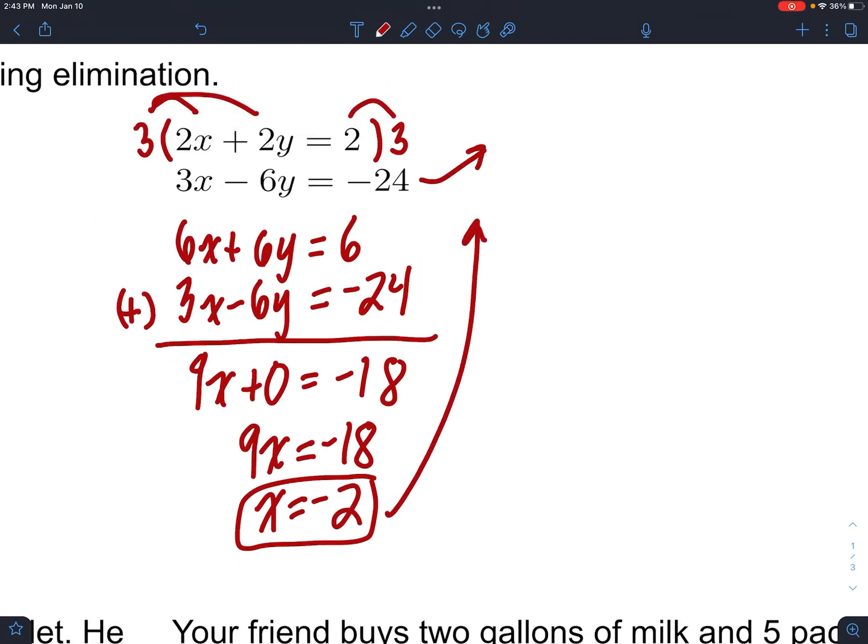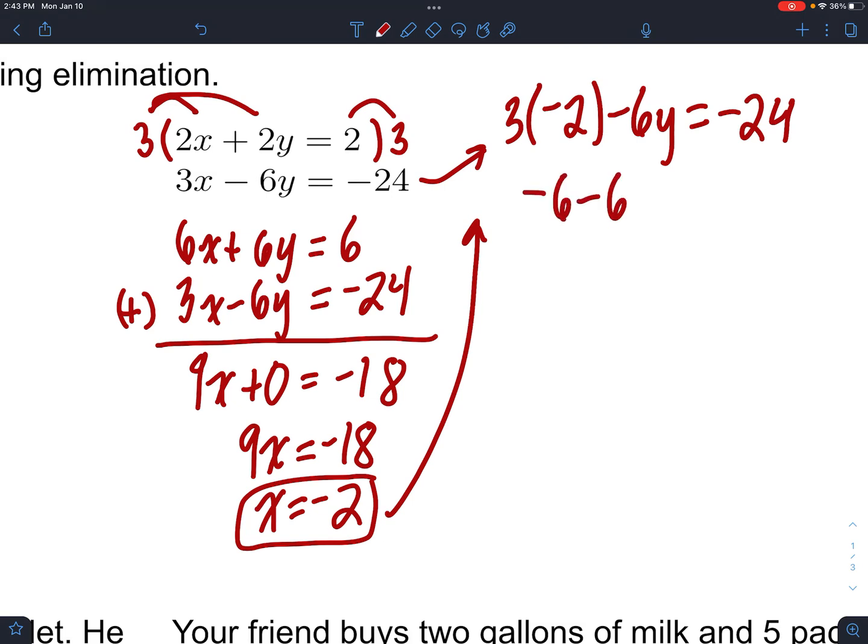So, and then I'm going to choose the second one just because we haven't messed with it at all. So I'm going to leave space. That's where my newfound x is going to go. Okay, so -6 is the result there.